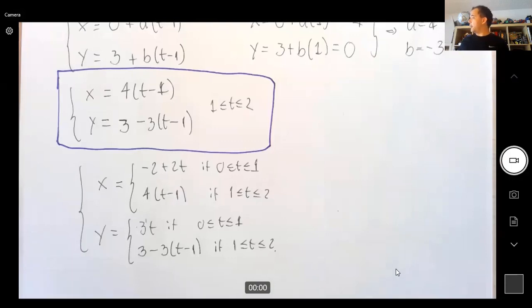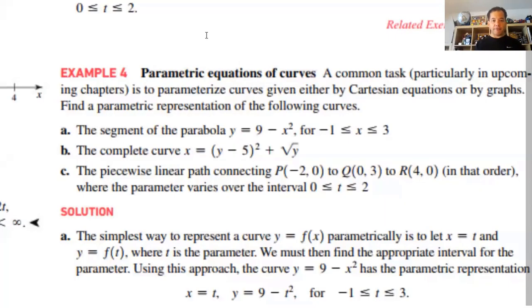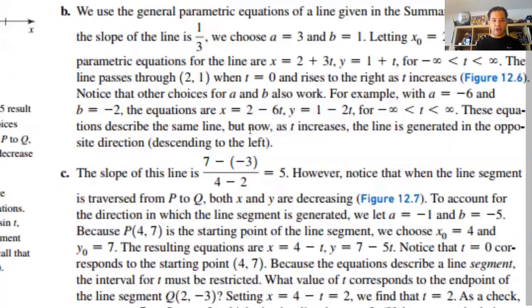Good. I'm gonna show you another one. Let's go to the book. I'll show it to you on the book, and then I'll show you my animation that I prepared for this. So in the book, next page, we have a special curve that we'll see later on.